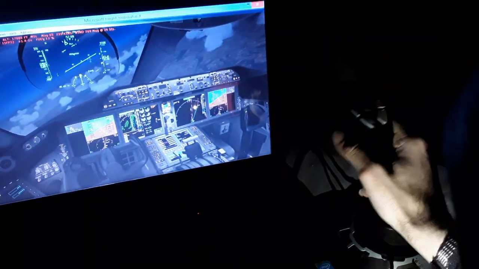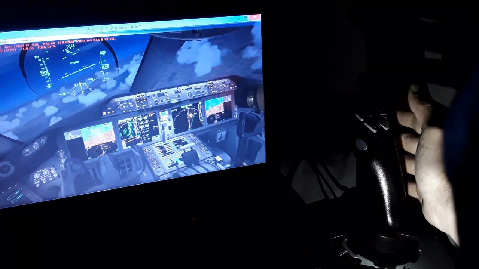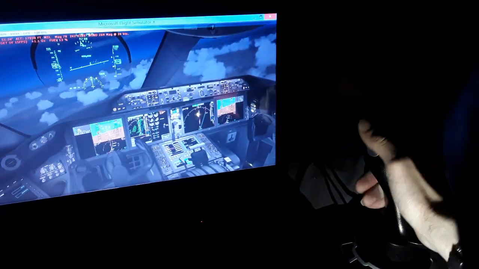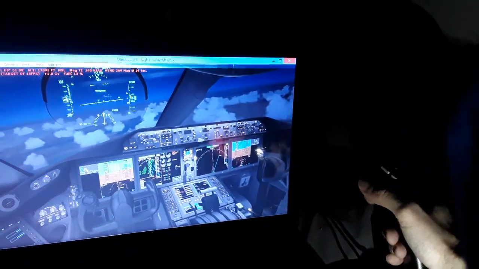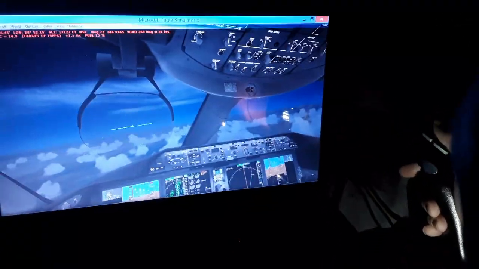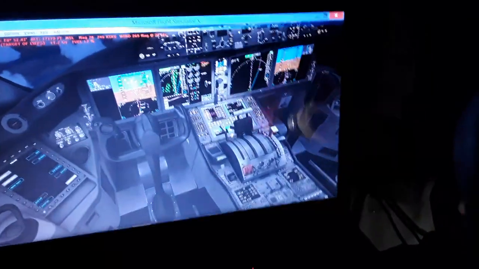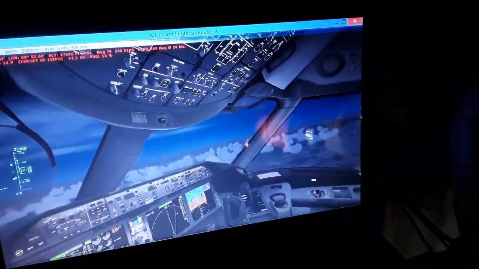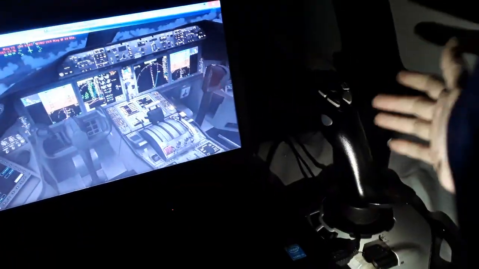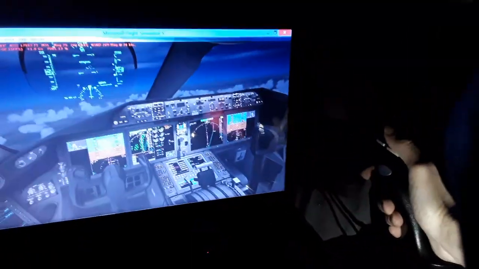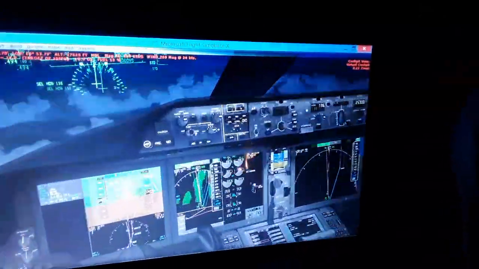We don't need to hold the flight controls all the time, but the aircraft will keep following its trajectory if we have enough thrust and trimming in the right way. So this again hands off, as you can see, without the autopilot aid.